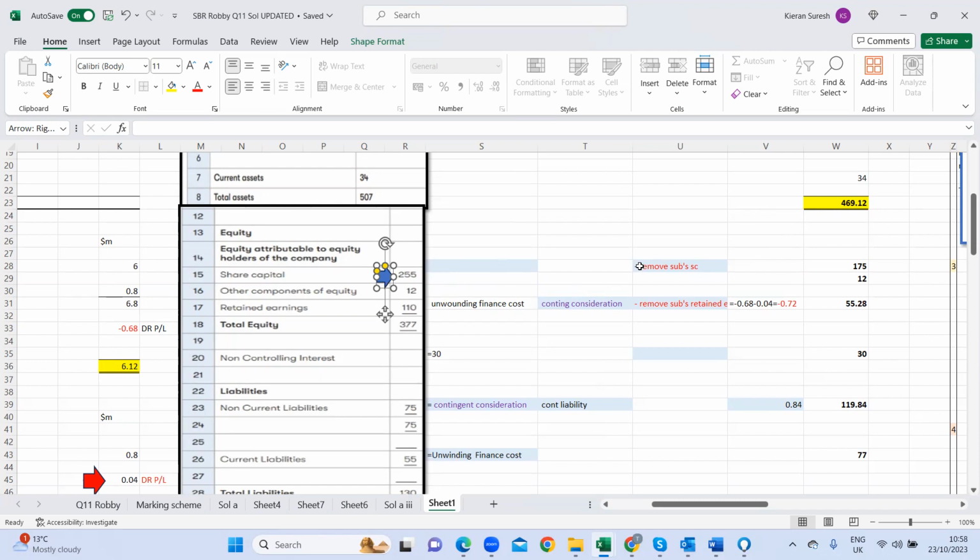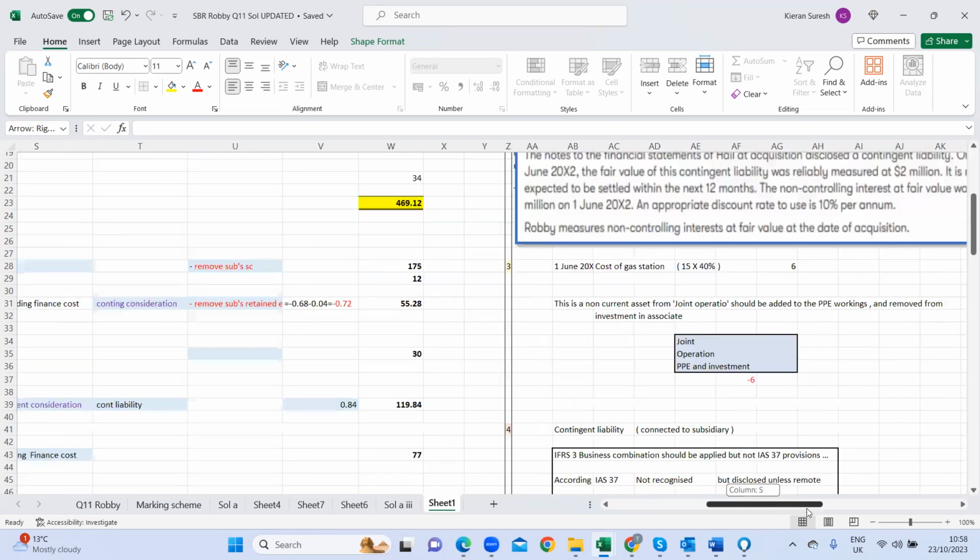So what we need here is only the parent shareholders' capital and not the subsidiary shareholders' capital, right? So that's one way of explaining why we need to remove it. I need to identify how much within this figure is the subsidiary's share capital, and that needs to be removed, right? Let's identify that figure.